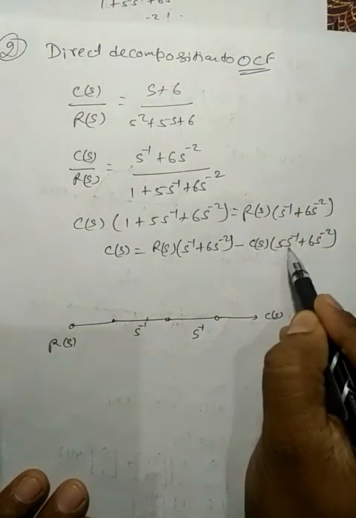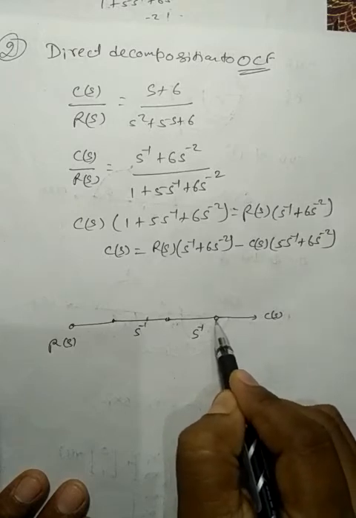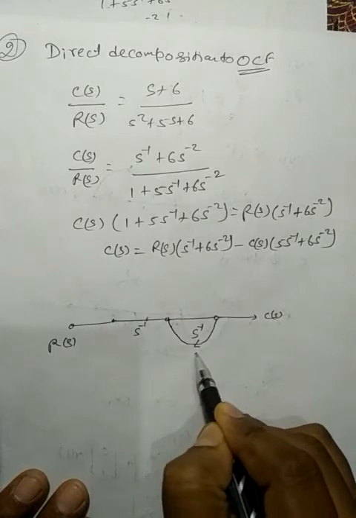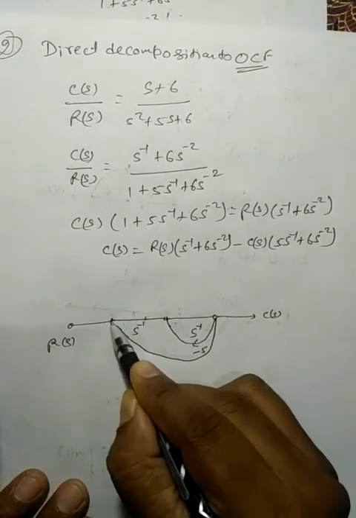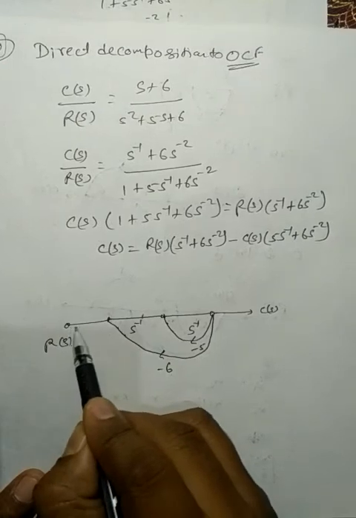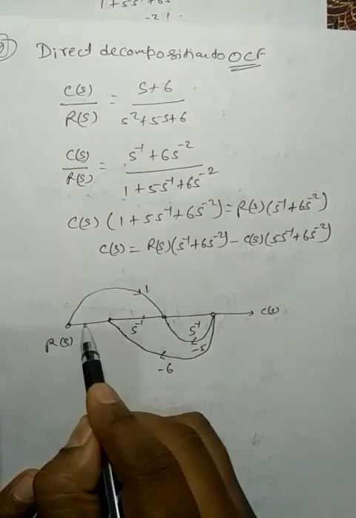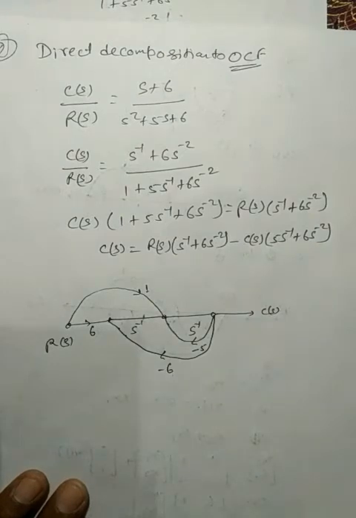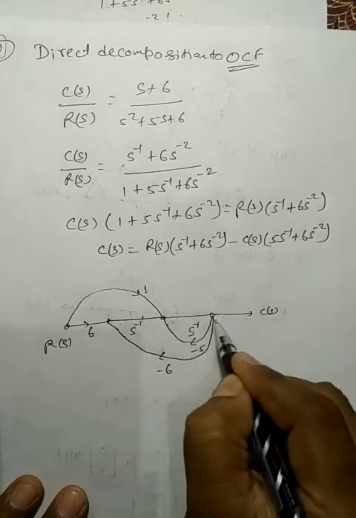So CS is equal to minus 5 S inverse. From here loop minus 5 with transmittance and minus 6 S power minus 2, and from RS I am having 1 S inverse and 6 S power minus 2, and this is our state variable diagram.